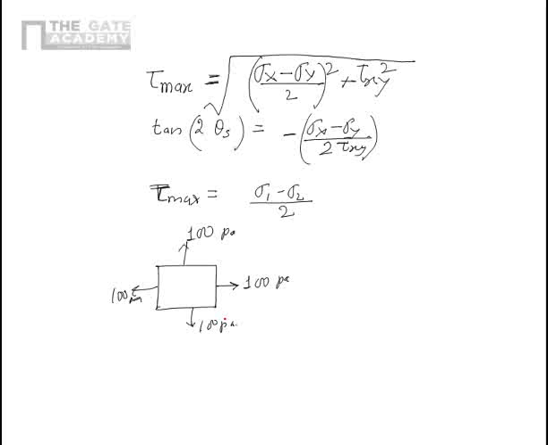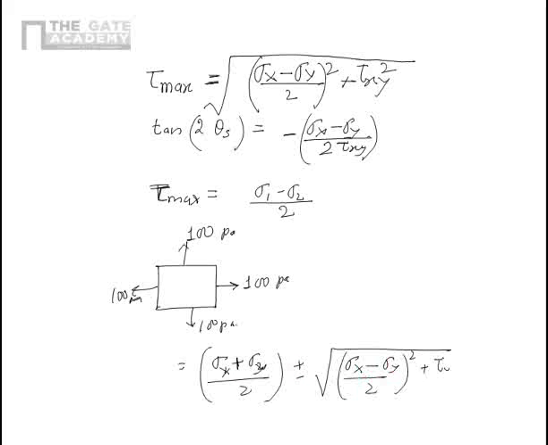So I figure out the principal stresses. Sigma p is given by sigma x plus sigma y by 2, plus and minus the square root of sigma x minus sigma y by 2 square plus tau xy square. Now, over here I don't have any shear, so this becomes 0.